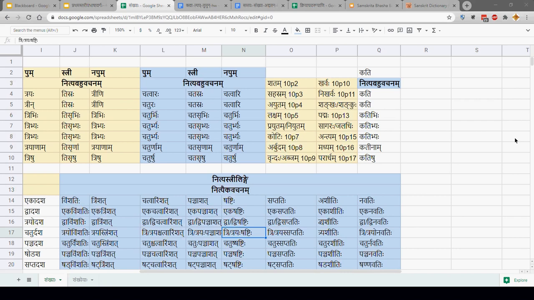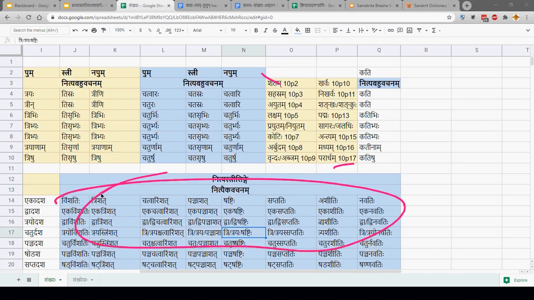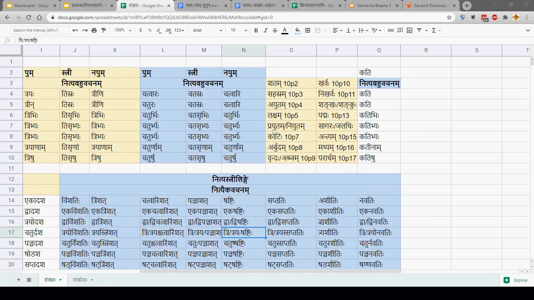Similarly, there are numbers more than 99 also. Obviously, there is Shatam, 100. Shatam is Napusakalingam, whereas Vimshati onwards these were all Strilingam, but they do not change the form depending on what we are using it for.